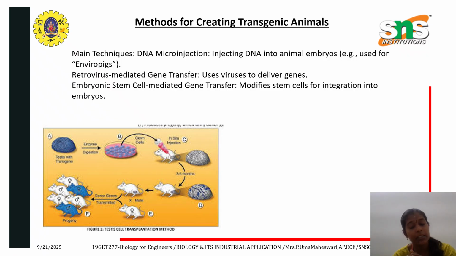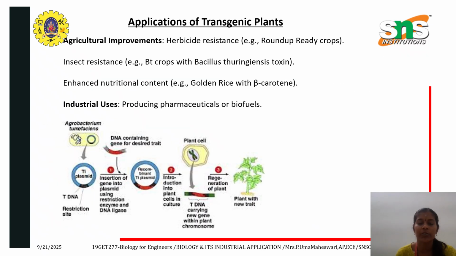The modified bacterium then infects the plants, delivering the foreign gene into the plant's chromosome. The application: this is a widely used and effective method for many plant species, including crops like wheat and rice. Before the application of transgenic plants, we will see the next process.